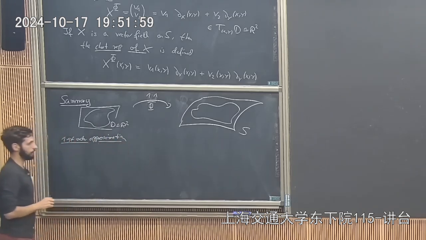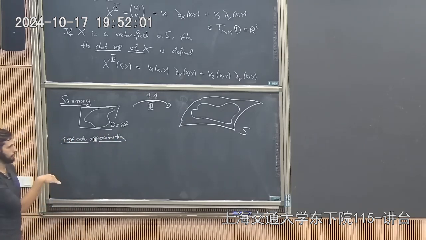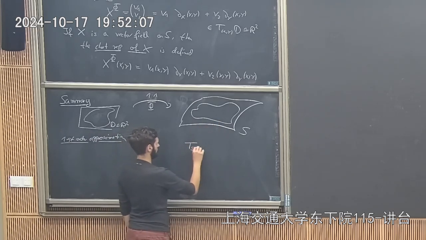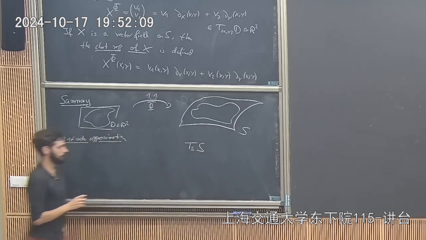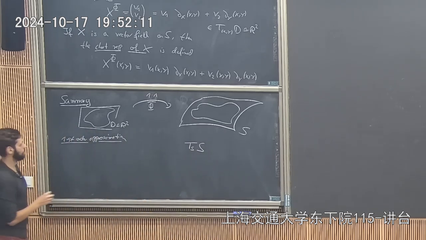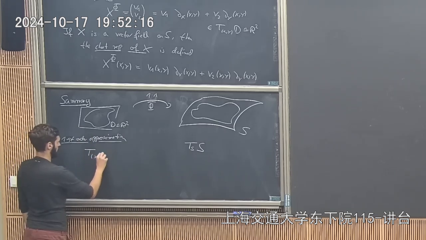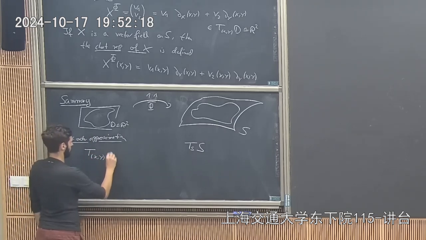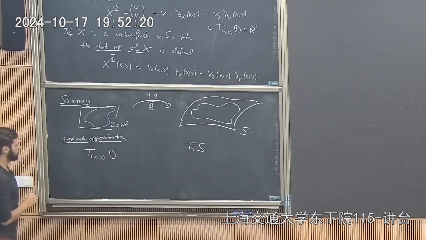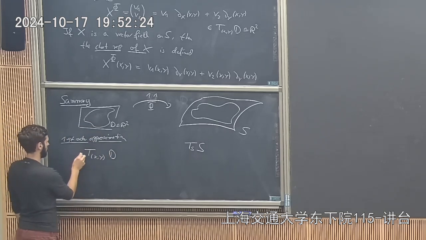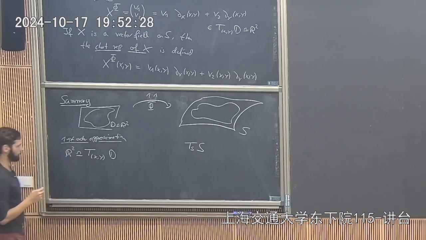And by that I mean we take the first order, and that means that for the surface it would be the tangent space at that surface. And similarly here we have the tangent space at the open subset, but we know that we can identify tangent vectors of that open subset uniquely with ordinary vectors.